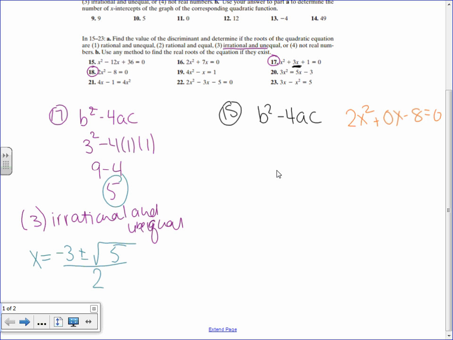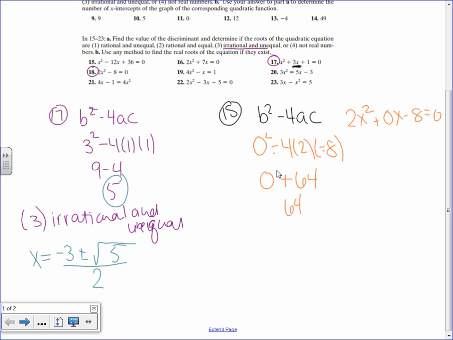So this is going to be 0. You can't just put nothing, you need to put the 0 in there. So this is going to be 0 squared minus 4ac. So this is going to be 0 plus, because you've got a negative times a negative, and that is going to be 64. So it's just 64.